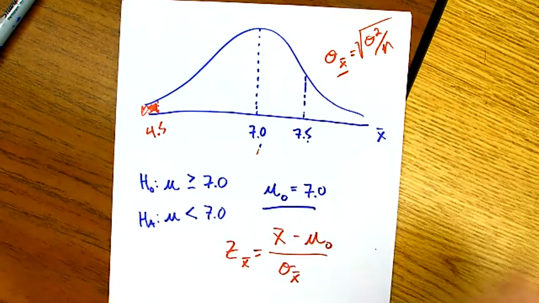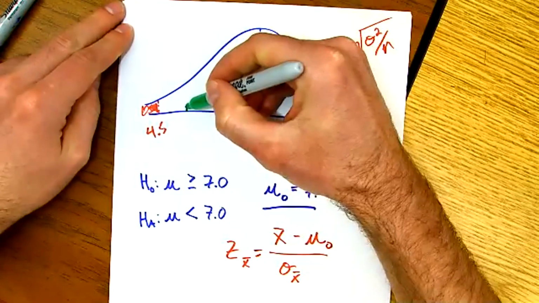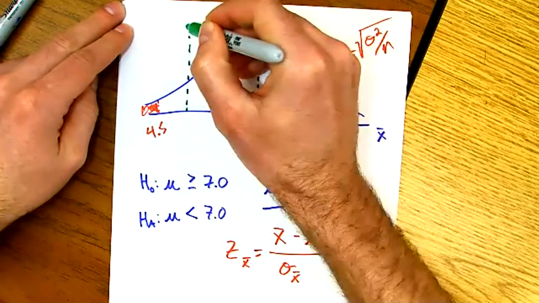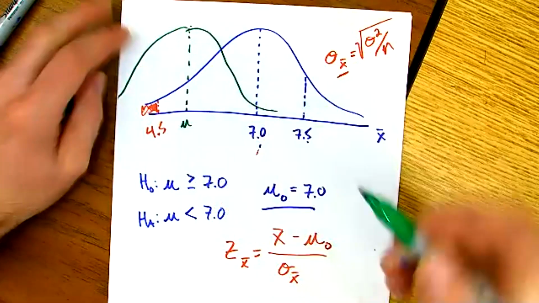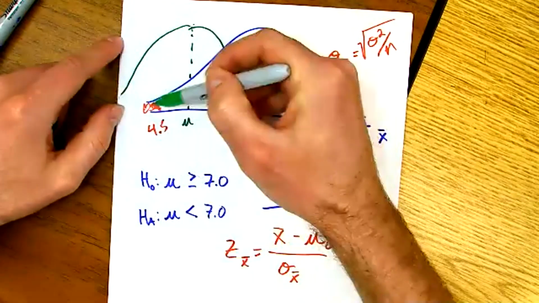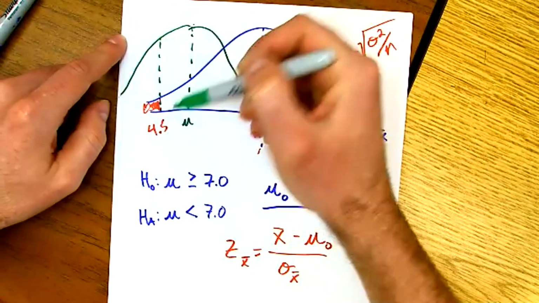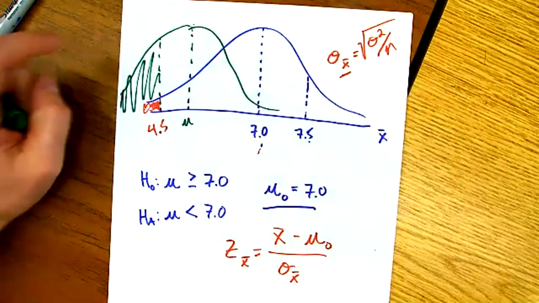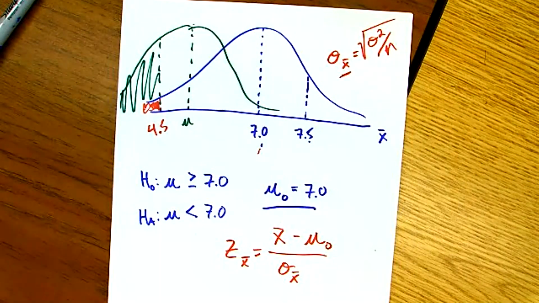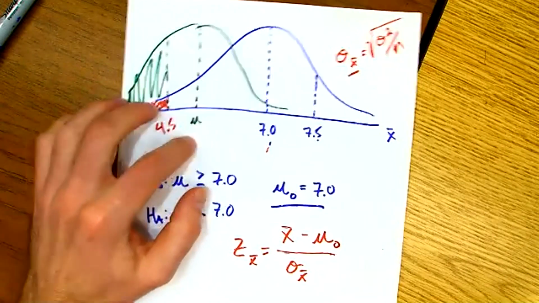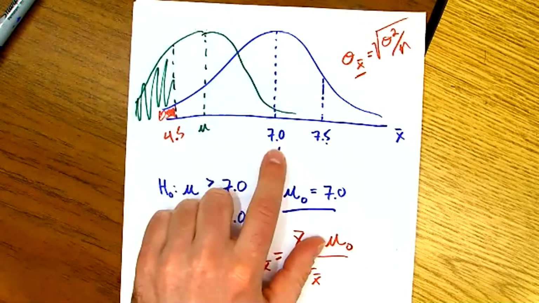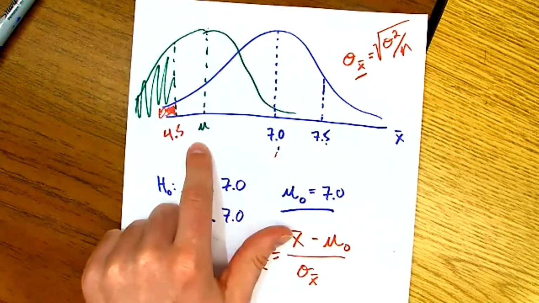It's probably that the true mean is somewhere down here, right? So if the true mean was somewhere down here, well, now 4.5 would be a lot more likely of a value for me to see. The probability I see 4.5 or something below that would be a lot more likely if what I assumed was wrong, and the true mean is actually a little bit lower.